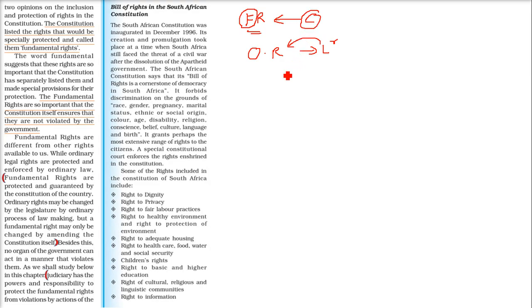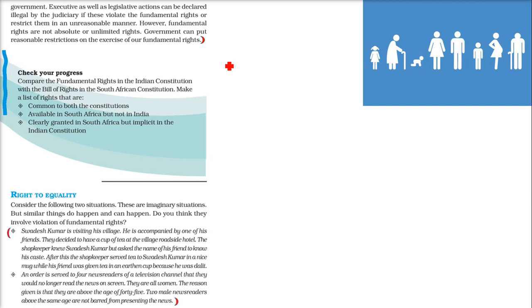The judiciary, which we know is independent, the Nyayapalika, has the powers and responsibility to protect the fundamental rights. It has the authority and the power to protect the fundamental rights from violation by the action of anyone, like I said, the government.